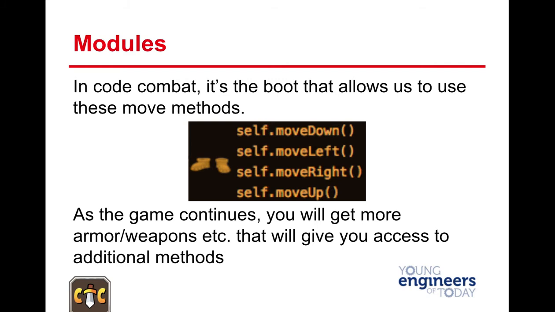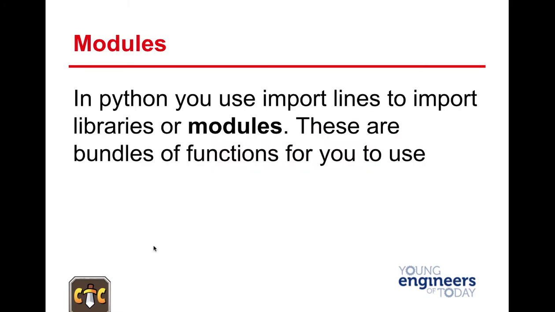So in Code Combat, it's the boots that allow you to use these move methods, and you'll see the methods are kind of grouped next to the boots. The game, as it continues, gives you more access to additional methods, and you get that access by obtaining armor and weapons, etc. In Python, you use import lines to import libraries or modules. And these are bundles of functions for you to use.